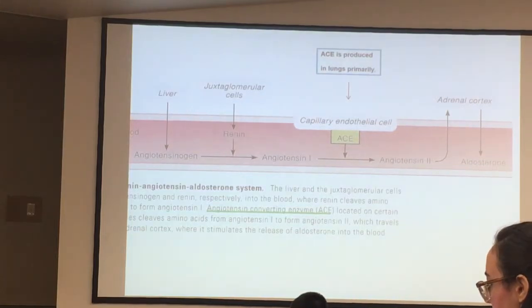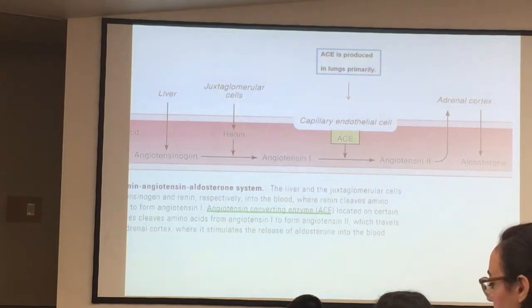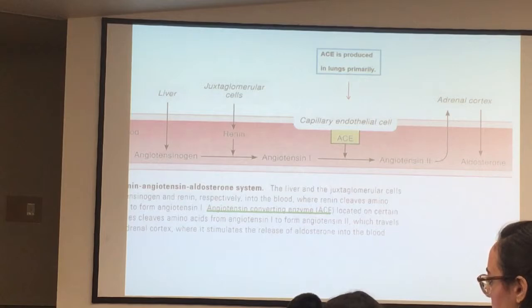So some people with lung disease may also have kidney disease. Why? Because they are working on the angiotensin system. So keep in mind, if you're a doctor and the patient has lung disease, you think about whether this patient maybe has some kidney problem. The two are related.